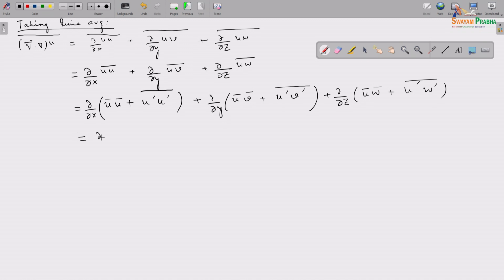Of course, you can see that I can write this as del y u dash v dash, this.